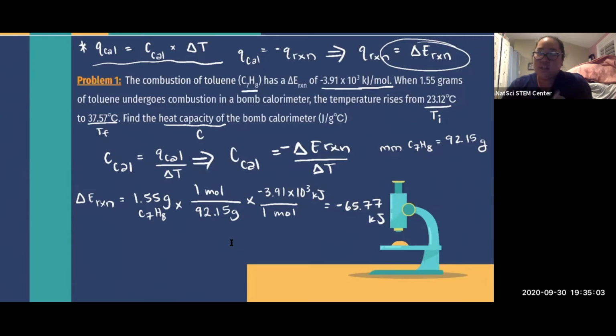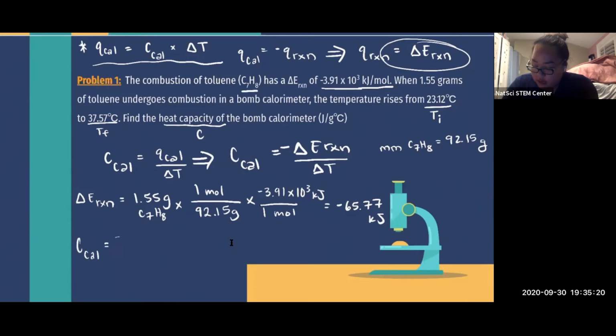Now that we know the change in reaction when it's applied to toluene per the amount used, we can plug it into the formula.